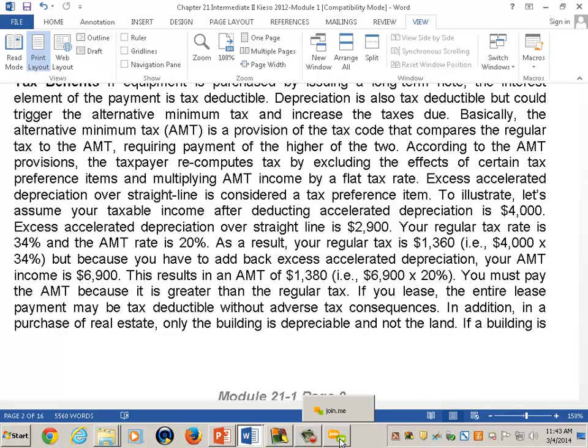Now, for the regular tax, I'm saying that your taxable income is $4,000. If your tax rate is 34%, the tax is $1,360. That's your regular tax.